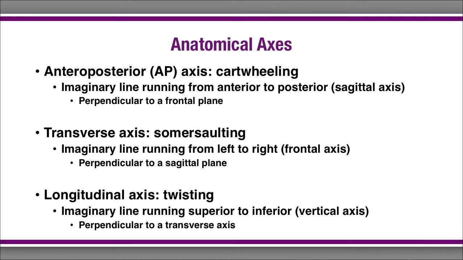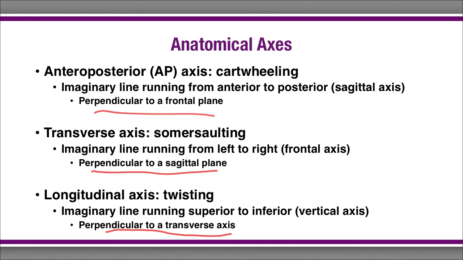The anterior posterior axis is the imaginary line running from anterior to posterior and is perpendicular to the frontal plane. The transverse axis is the line running from left to right and is perpendicular to the sagittal plane, and the longitudinal axis is the imaginary line running superior to inferior and is perpendicular to the transverse plane.